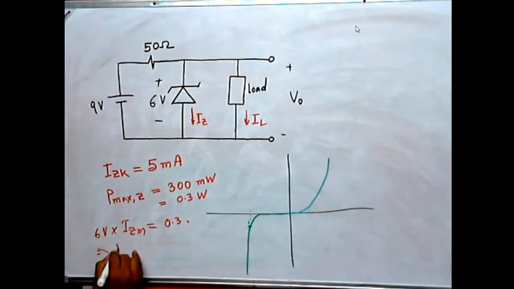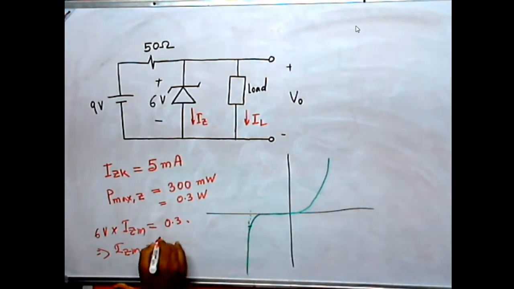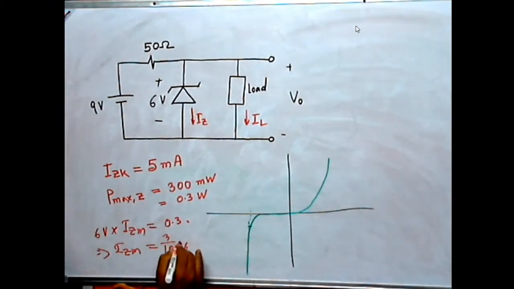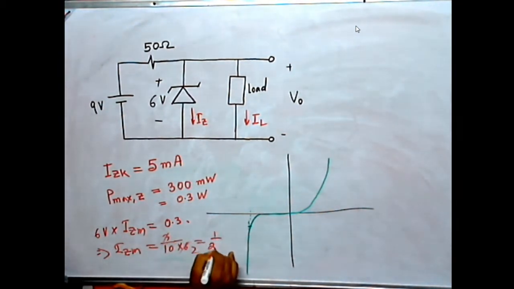So you can find IZM is basically 3 by 10 into 6 is 1 by 20 ampere. If you multiply by 1000, that is your 150 milliampere. This is the maximum current that can flow through the Zener diode.